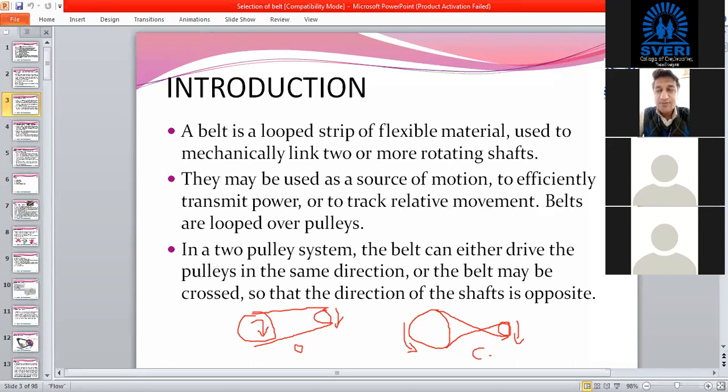But it is possible to transmit power where the center distance of two pulleys is more.